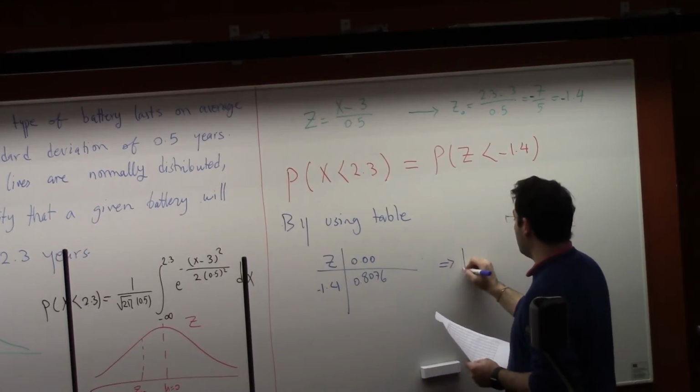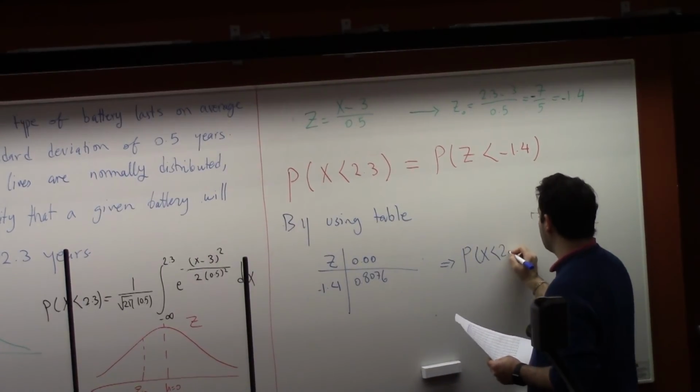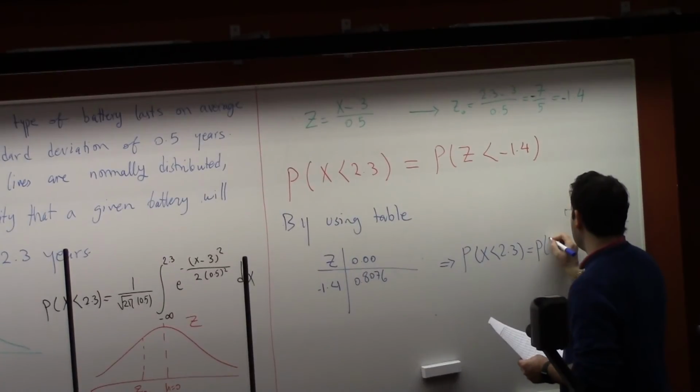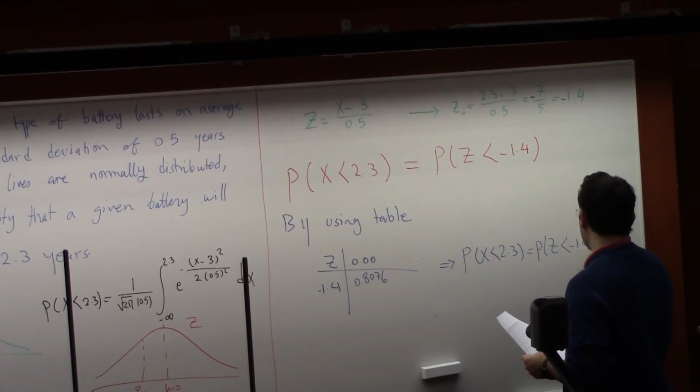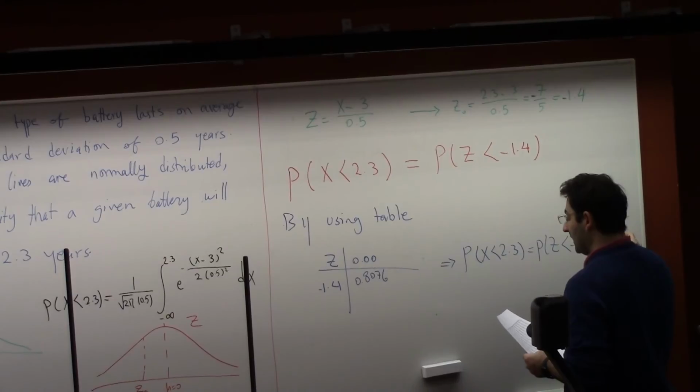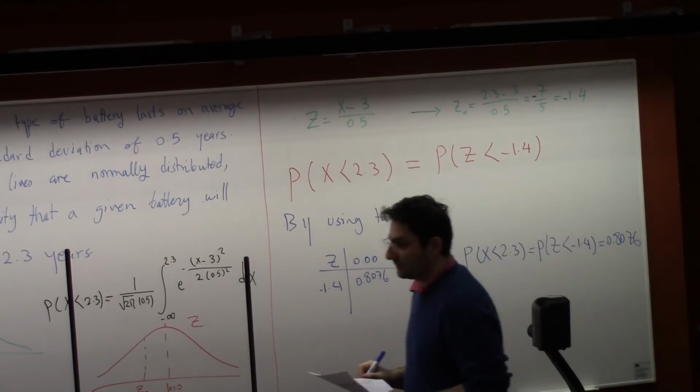So we get that the probability of x less than 2.3, which is the probability of z less than minus 1.4, is 0.0808.